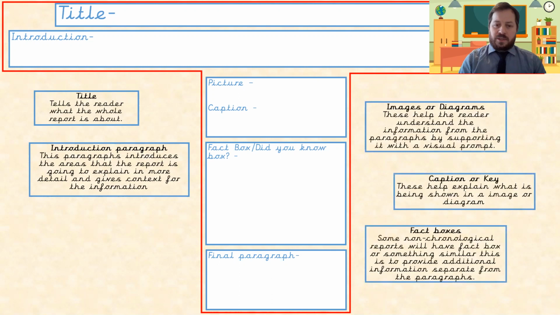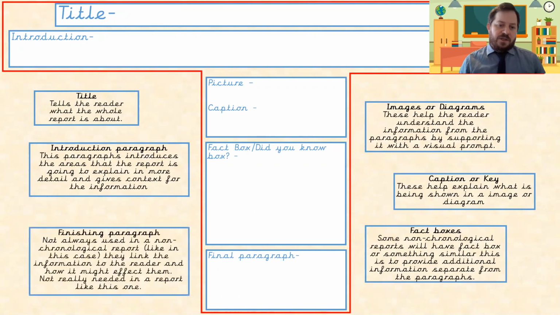Next, you've got images and diagrams. You just choose one to help the reader understand information from the texts with a visual prompt, a caption or a key in order to explain what is being shown in that image or diagram. And then you could add a fact box with additional information which is separate from everything else, apart from it links to the idea of what the report's about.